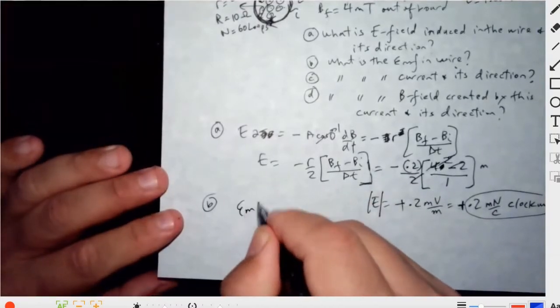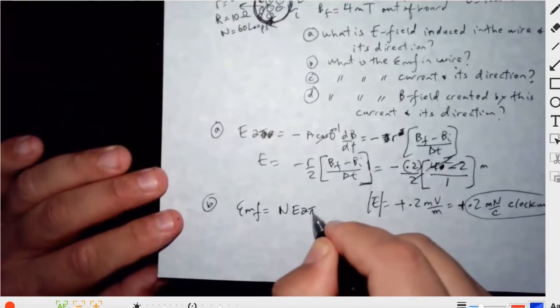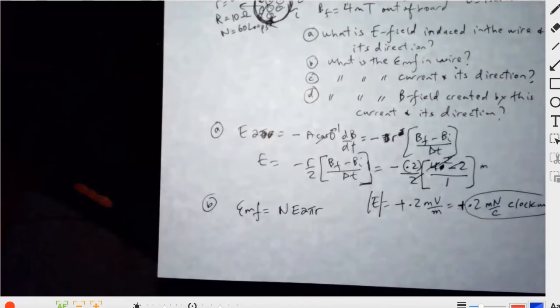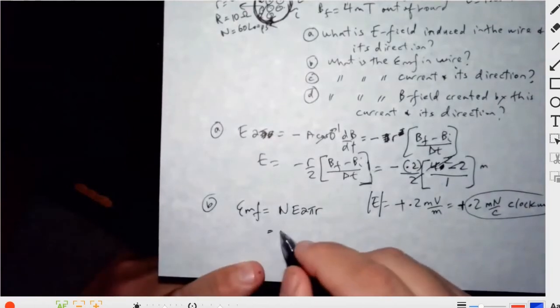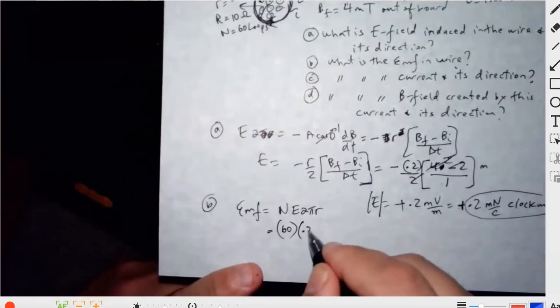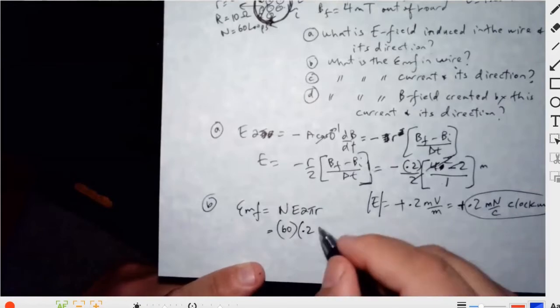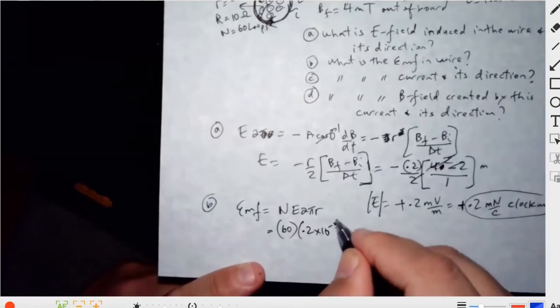The EMF is equal to N E 2 pi R. It's beautiful how this works. So 60 loops times 0.2 for the electric field, but then it's a milli, 10 to the minus 3.